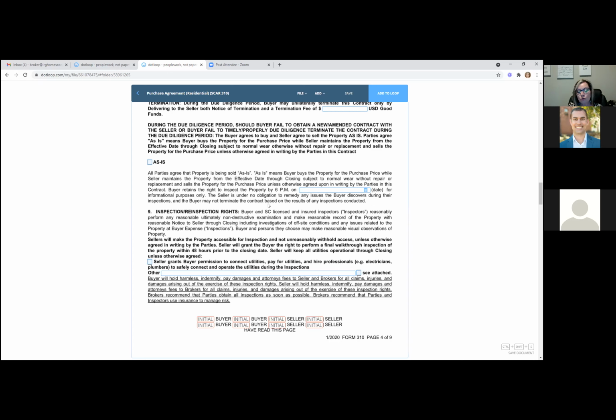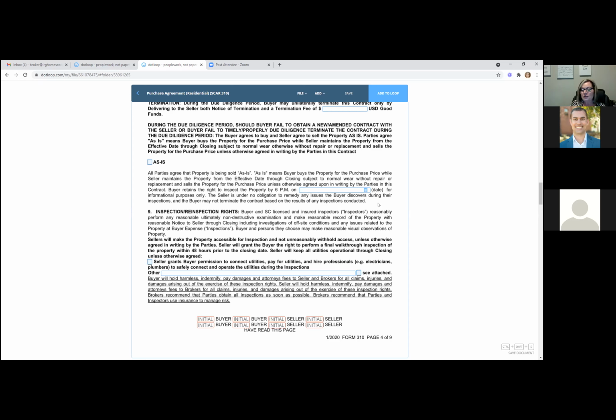Buyer may not terminate the contract based on the results of any inspections conducted. You do not want to check this box right here unless you are working with an investor and he's going to flip this property and he knows that he's going to go in and gut this house. That is the only time you want to check this box.